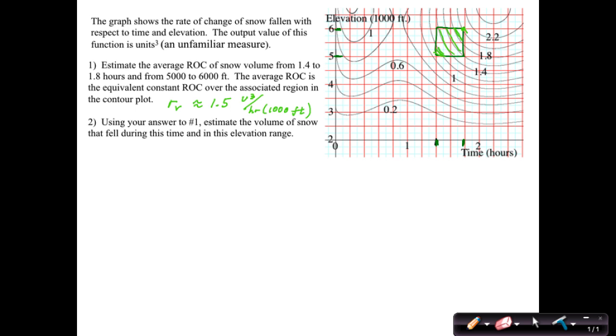So if we just call it 1.5 rate of change for that whole thing, now we can get a quick estimate for as time changed from 1.4 to 1.8 hours, and you went from between 5,000 and 6,000 feet, about how much snow fell. Go. So about how much snow fell in that time frame and that elevation range.